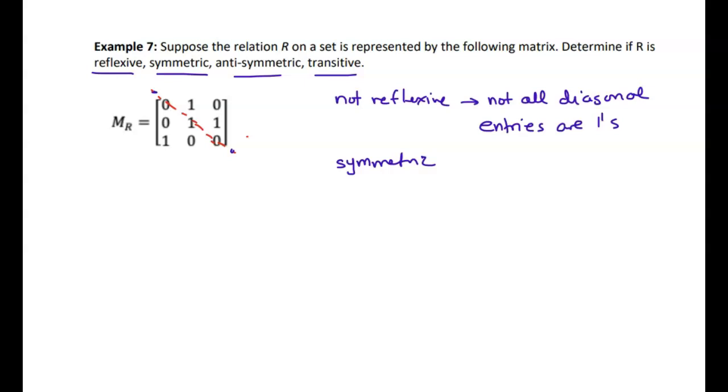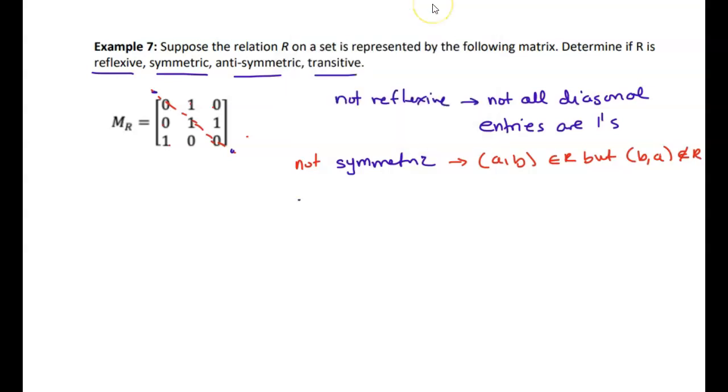Like if AB is in here, BC is in here, so they both have to be 1s, or they both have to be 0s. So not symmetric, because we have a mismatch, right? For example, AB is in R, but BA is not in R. Okay.